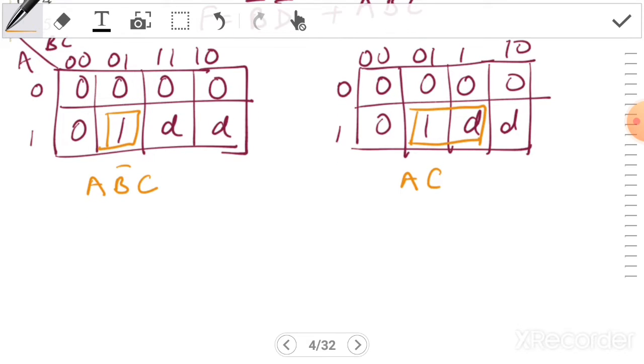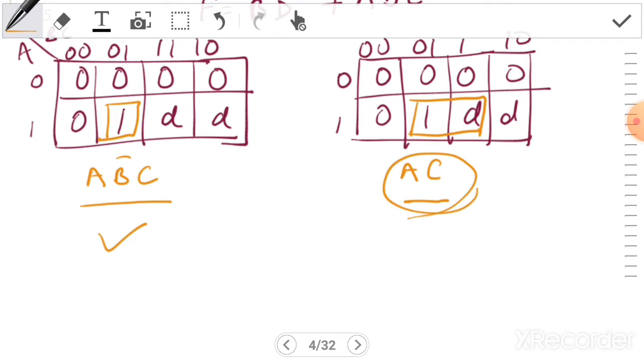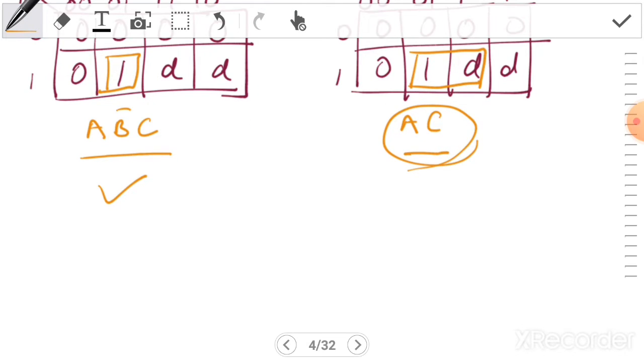So here the output is 1 for input A complement B, A B complement C. So this solution is the more complex solution since we did not use the don't care cells, right? Clear? So this is obviously less complex. So let us see the next problem.